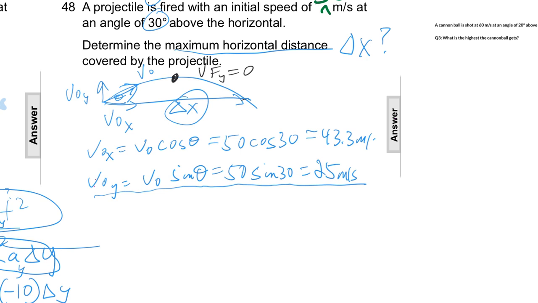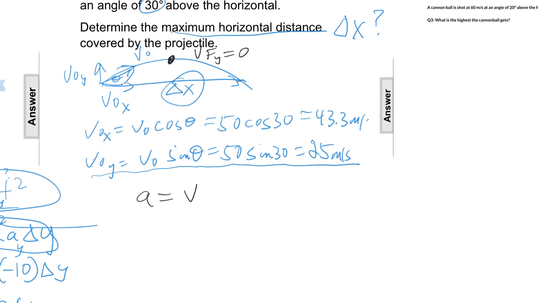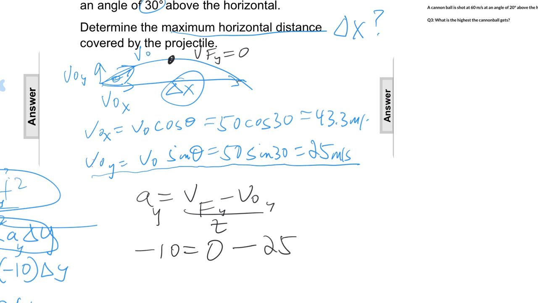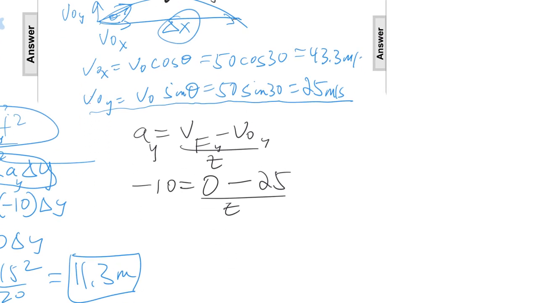So, okay, A equals VF minus VO over T. I'm going to use the Y values. So negative 10 equals, VFY is 0 at the top, minus VOY is 25 over T. So negative 10T is negative 25.